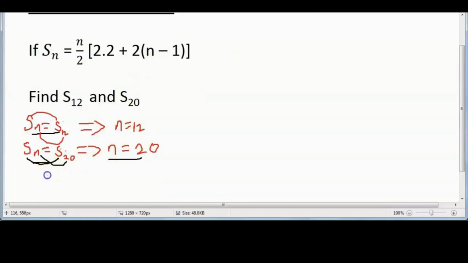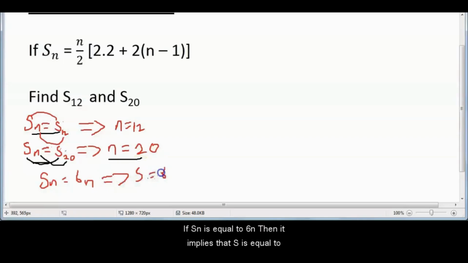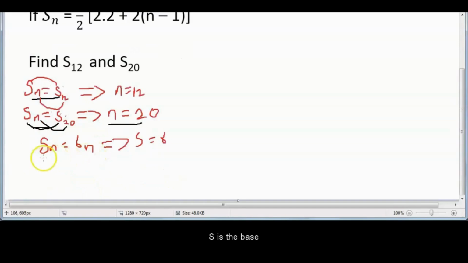If S_n is equal to 6n, then it implies that S equals 6 and n is equal to n, because S is the base, base is equal to base, so S is equal to 6.